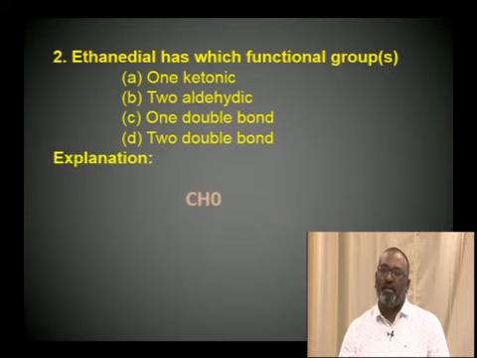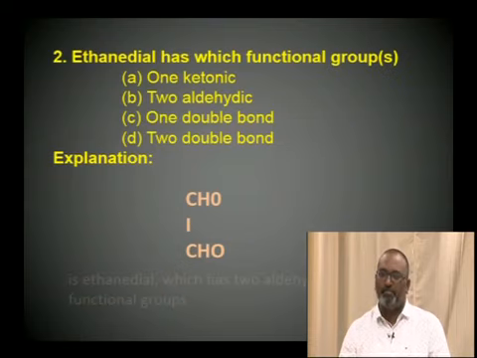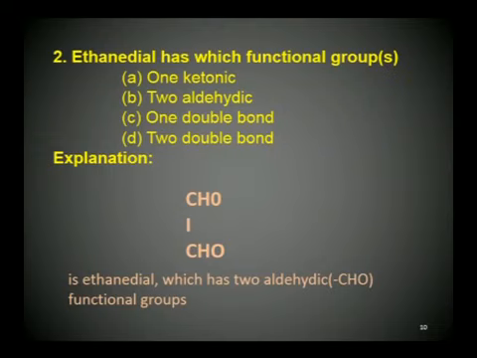If you see the structure of ethanedial, it has 2 aldehydic functional groups like this. So, one aldehydic carbon atom is bonded with another aldehydic carbon atom. Since it has 2 aldehydic functional groups, the answer will be B.